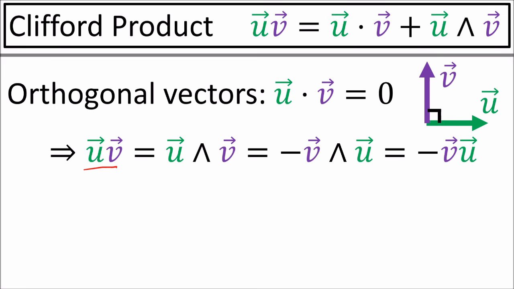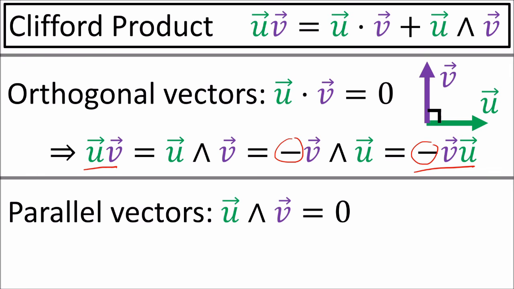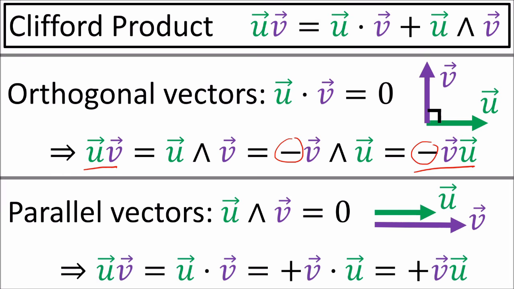So we get to use the anti-commutativity of the wedge product in this special case. When we take the Clifford product of two parallel vectors, u and v, the wedge product part goes to 0, and we get u dot v, which also equals v dot u due to the commutativity of the dot product. And remember, the dot product of a vector with itself gives that vector's squared length.